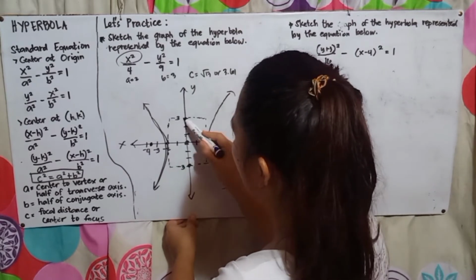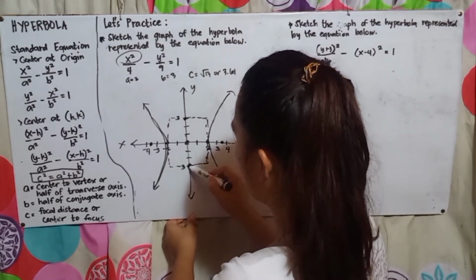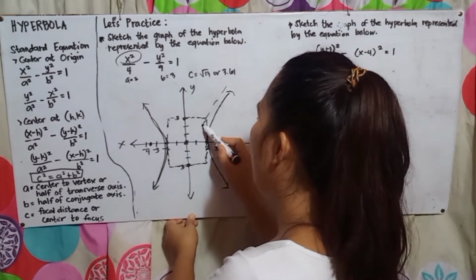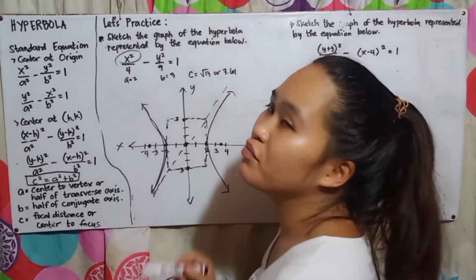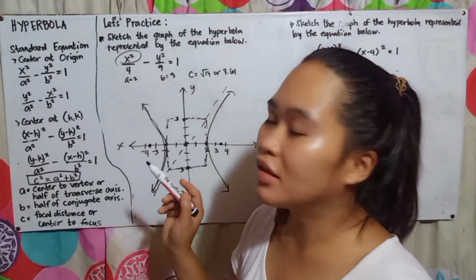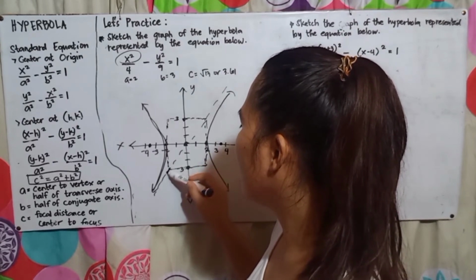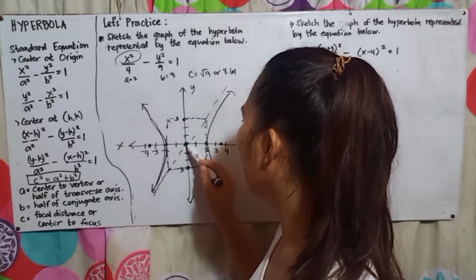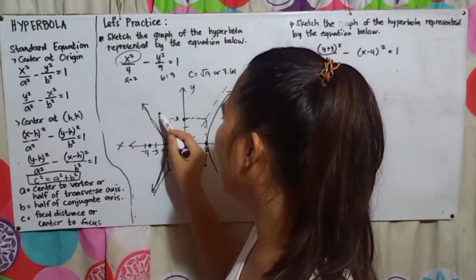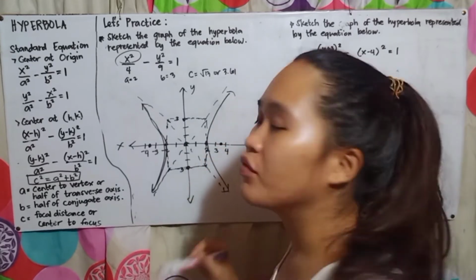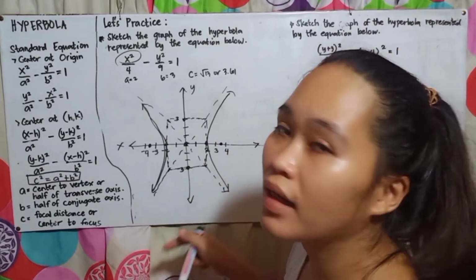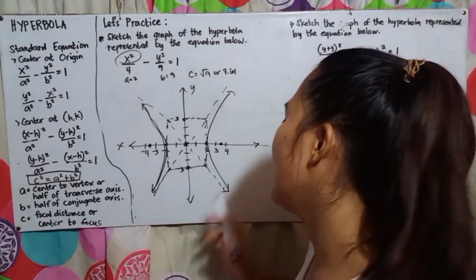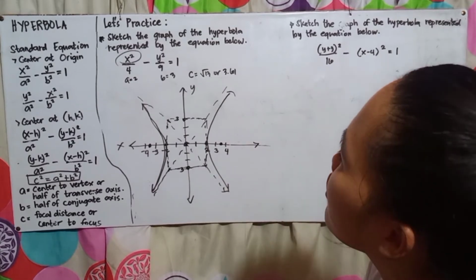So, this is our transverse axis. So, this is our asymptote. Ang asymptote, mag-agi siya sa gilid sa ating imaginary na rectangle of the center. From the endpoint sa imaginary rectangle, agi siya sa center. So, this is our asymptote. When you say asymptote, it is a straight line near the graph. Doon siya sa graph, but never touches. Yan. So, this is our graph for this equation.